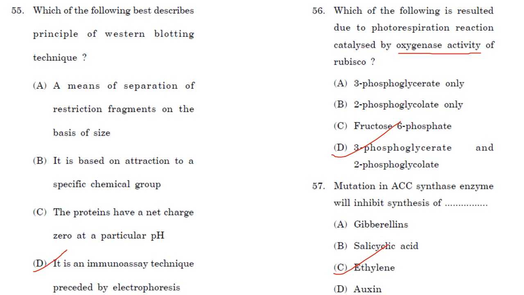ACC synthase catalyzes the conversion of S-adenosyl methionine to 1-amino cyclopropane carboxylate or ACC, and it is one of the rate limiting steps in ethylene biosynthesis. So if there is a mutation in ACC synthase enzyme, it will inhibit the synthesis of ethylene. Answer is option C.